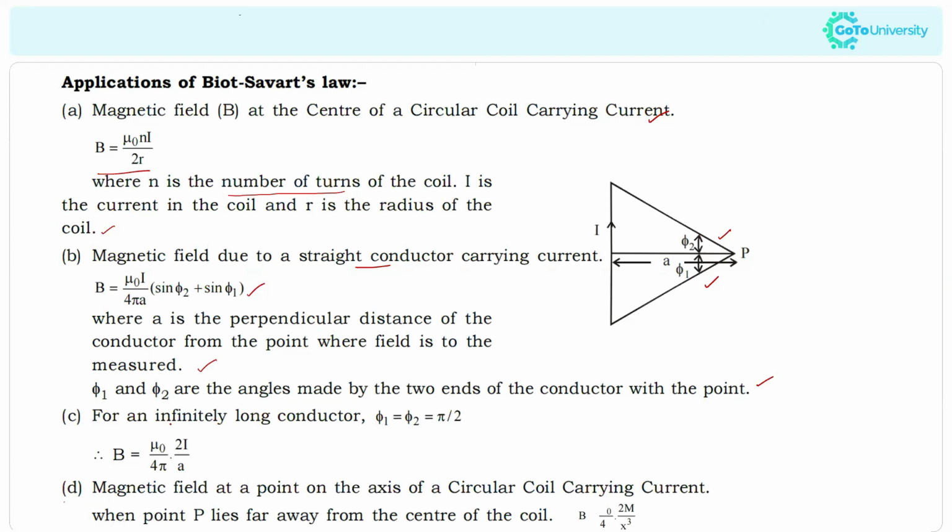As I said already, phi 1 and phi 2 are the angles made by the two ends of the conductor with the point. Now, the third application is calculating the magnetic field for an infinitely long conductor. Whenever we have an infinitely long conductor, the angles phi 1 and phi 2 will be equal to pi over 2.